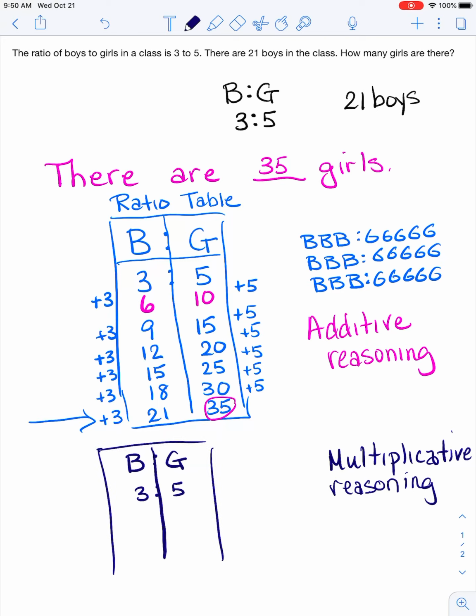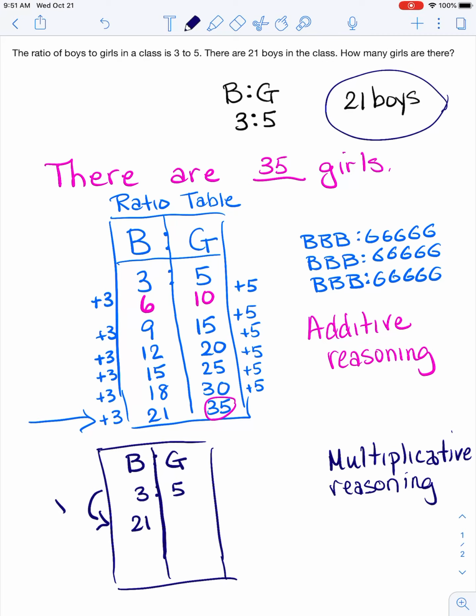Now watch how easy this becomes. I have 3 to 5. If I go back to my piece of extra information, there are 21 boys. So I'm going to put a 21 under the boys column. Now I'm going to say to myself, since I'm talking about multiplicative reasoning, what do I have to do, either multiply or divide, to get from 3 to 21?